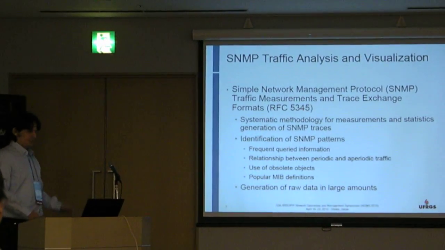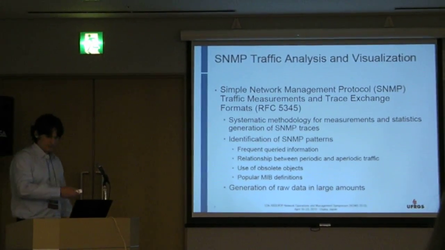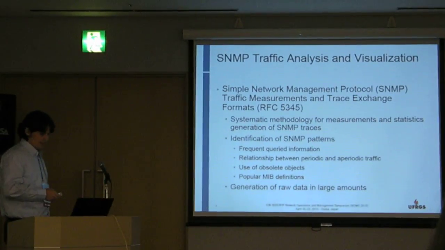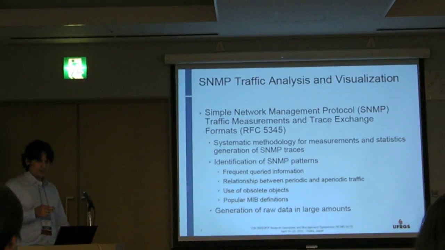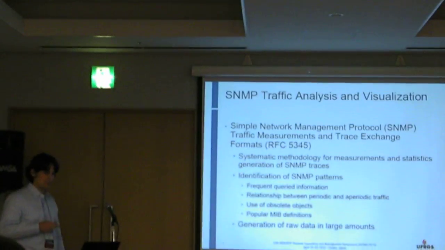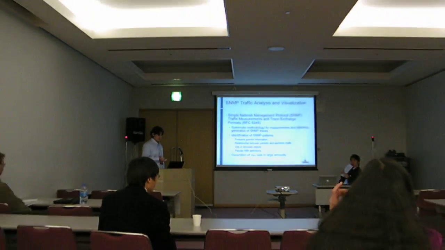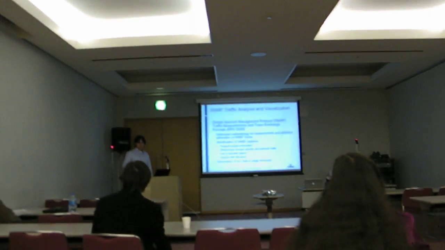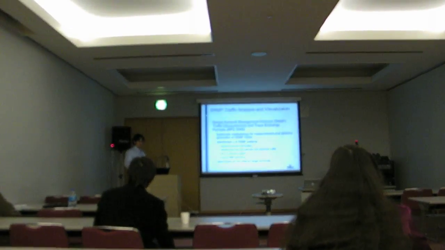So first I will talk a little about the analysis made for the future visualization. The analysis were made following RFC 5345, which is Simple Network Management Protocol traffic measurements and data exchange formats. It's a systematic methodology for measurements and statistic generation of SNMP traces.